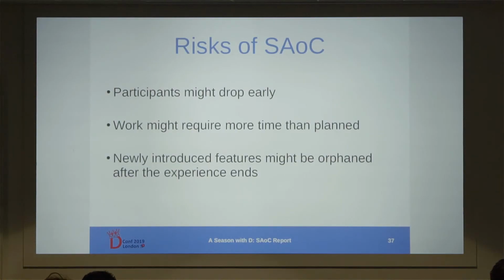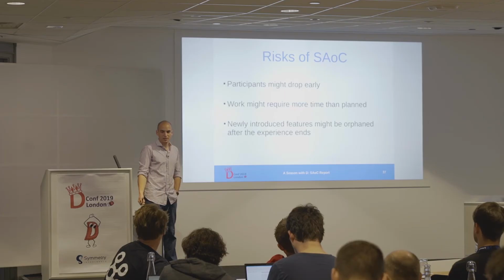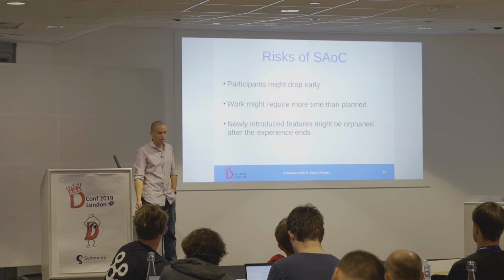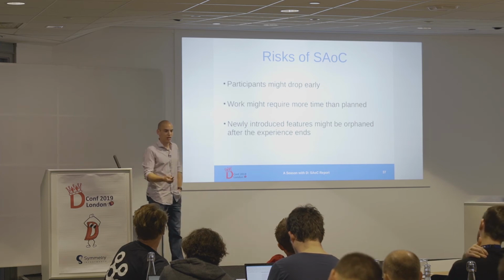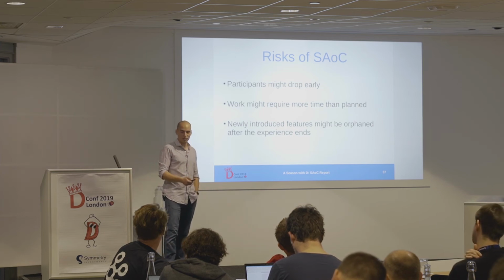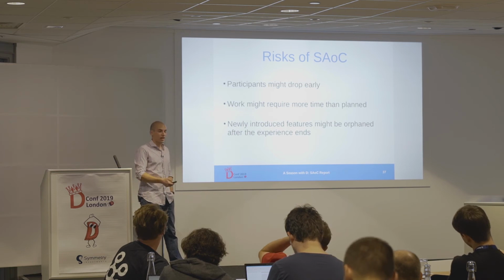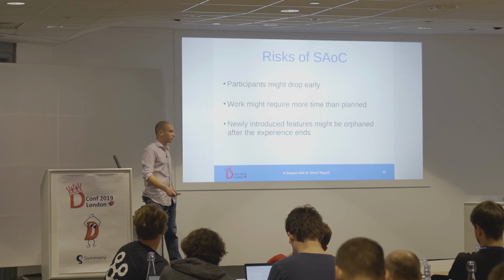But there are risks, because in a project such as Symmetry Autumn of Code, it could happen that participants drop out early and don't finish the project, and that's a waste of resources mainly, and a pity actually. It might happen that the work which was planned in advance requires more time than decided.